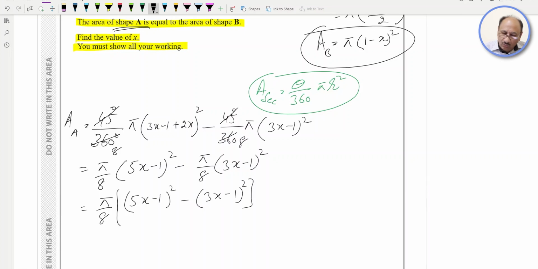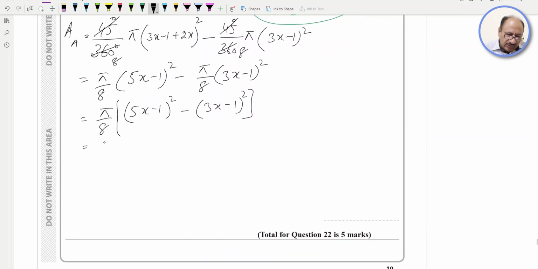And now we can open these squares, and we can write pi by 8, inside will be (5x minus 1) squared, which will be 25x squared, plus 1 squared will be 1, minus 2 into AB, which will be 10x, so minus 10x.